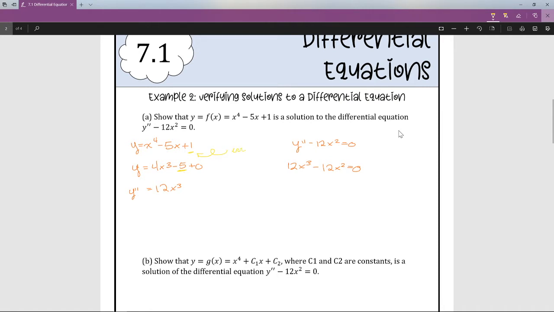Like no matter what those numbers are, you will find a solution to this problem. So you could really say that x to the fourth plus a constant times x plus a second constant is a solution to this differential equation. And that's why we say you could have a set of functions that would count as your solution.